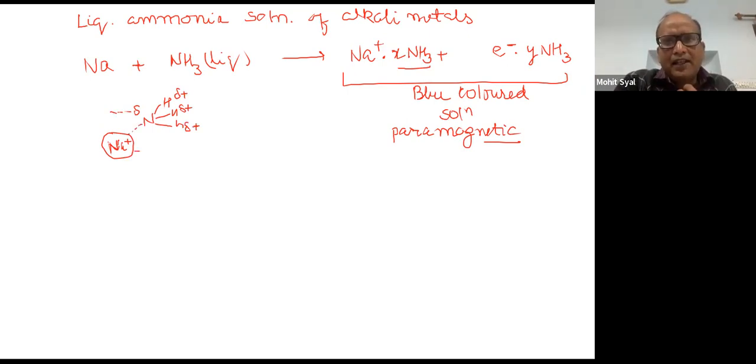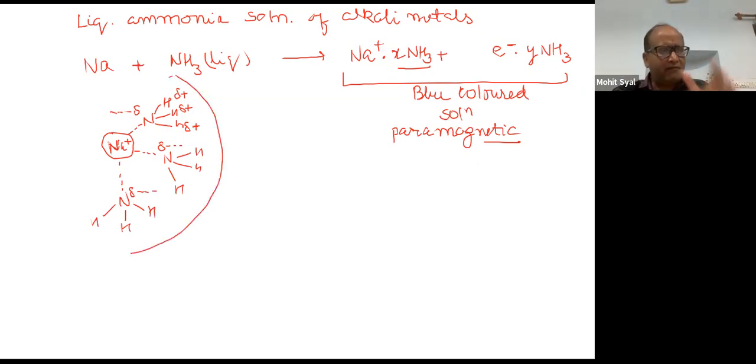So because nitrogen has negative charge, it will get attracted towards the sodium ion, and it forms a layer of solvent. The solvent is this ammonia only. A layer is formed around the sodium ion.